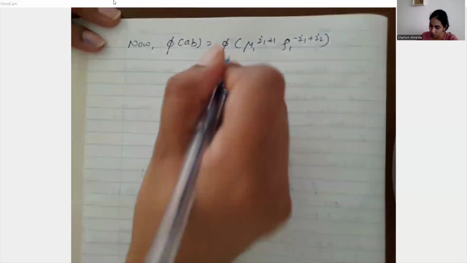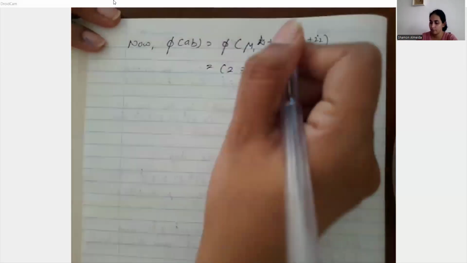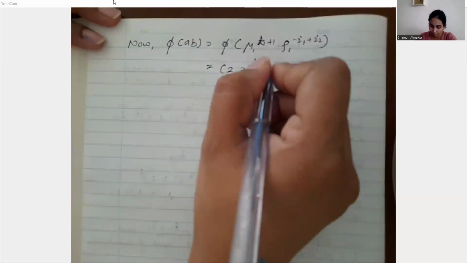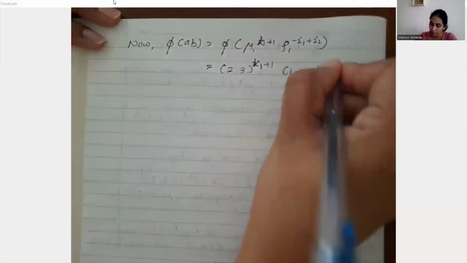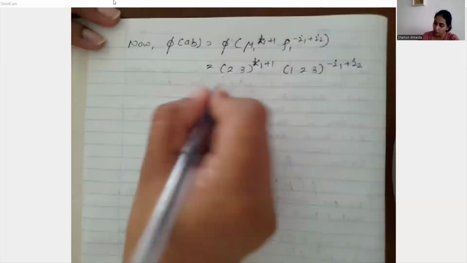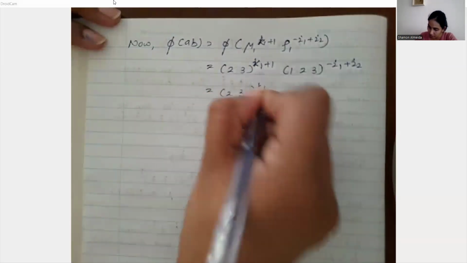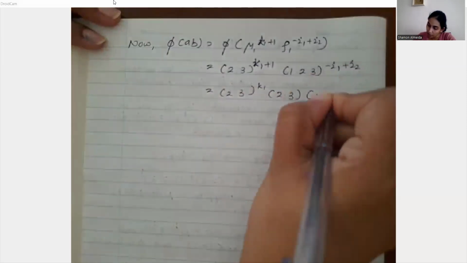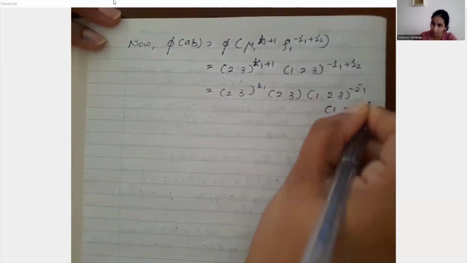By definition, this would be (2 3) to the K1 plus 1, and (1 2 3) to the negative I1 plus I2. So we write it (2 3)^K1 (2 3), and then we have (1 2 3)^negative I1 times (1 2 3) raised to the power of I2.